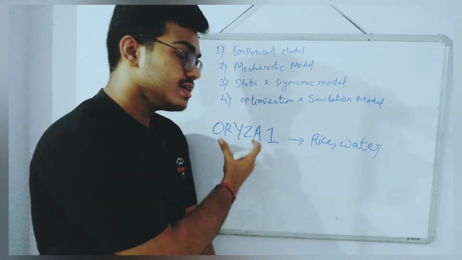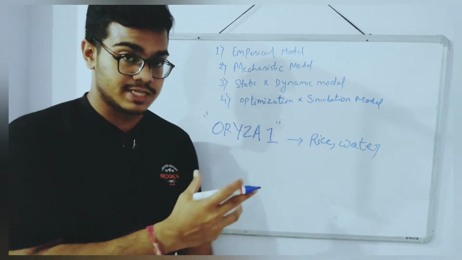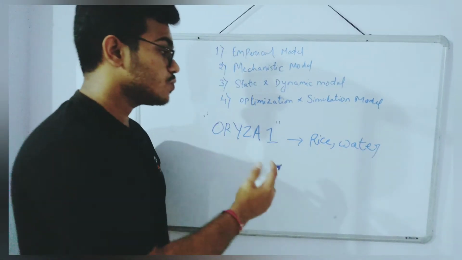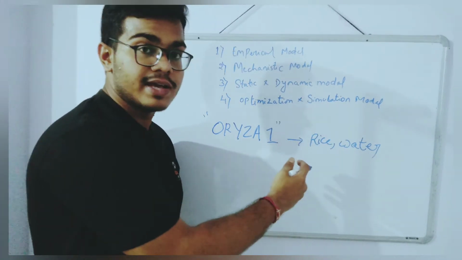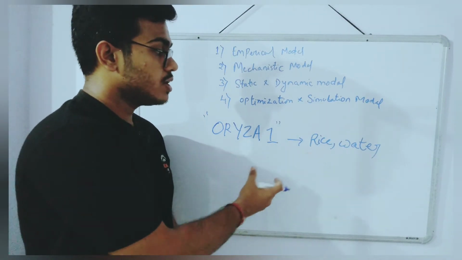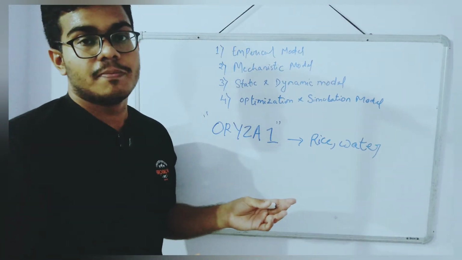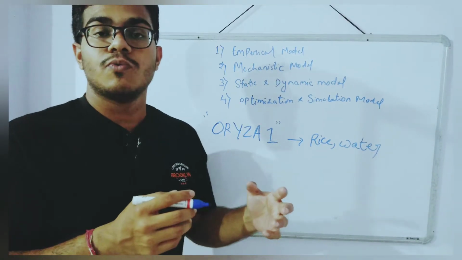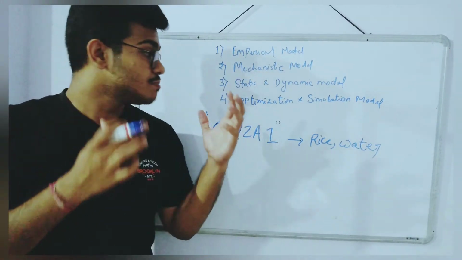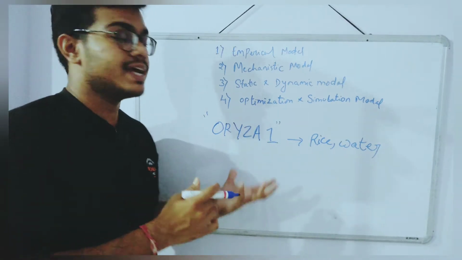Oryza 1 is the name of that model, which emphasizes the quantity, that is, what should be the amount of water to be applied to the rice crop. So the Oryza 1 model mainly defines water management in the rice crop. As rice is a water loving plant, we have to manage the water quantity in the rice crop. This model helps us in determining the water quantity or water management in rice.